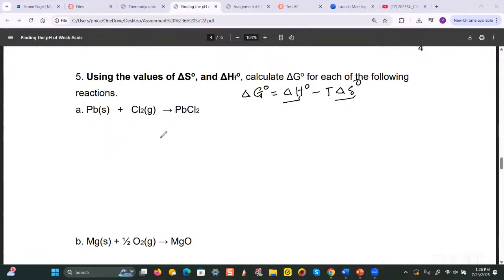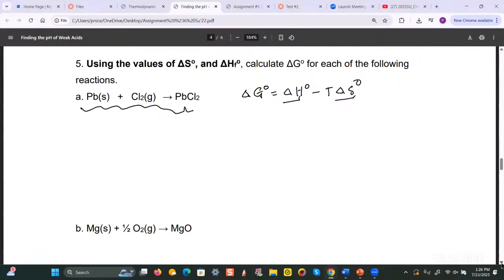For the first reaction, oh, I just remembered. Let's not do the first one, because if I remember correctly, the table that you have doesn't have the value for PbCl2. So you don't have to do this question at all. You can scratch it, and I won't be grading it when I grade your assignment.